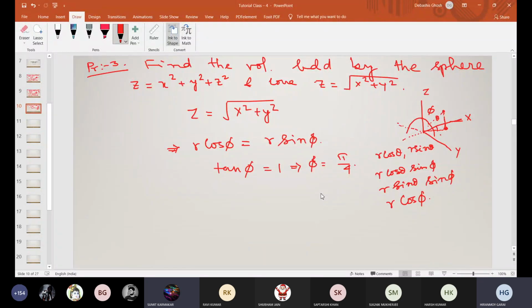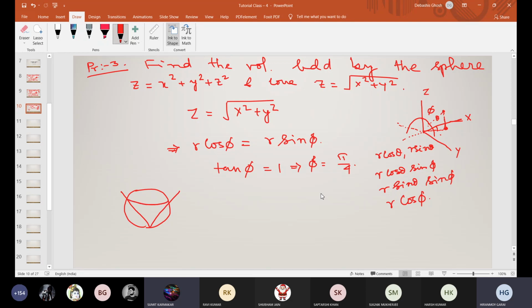Theta in this case is not pi by 4. Theta rotates about the whole axis, because we are considering the sphere passing through the origin, and the cone also passes through the origin.